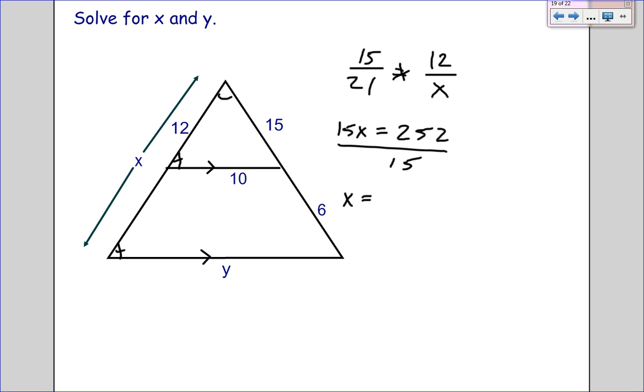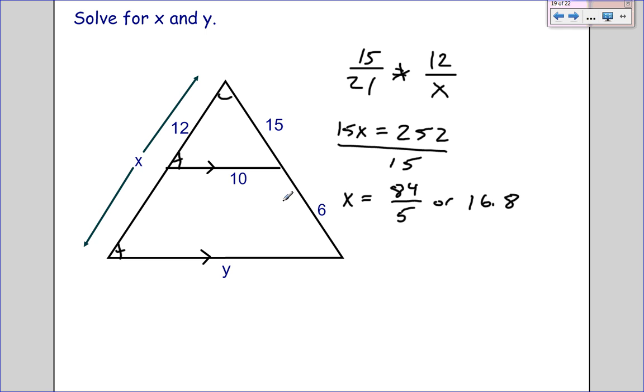So x will equal, oh goodness, 3 goes into 252 84 times, and into 15 5 times. So 84 over 15, or you could of course write that as 16.8. So either way works there for all of x.